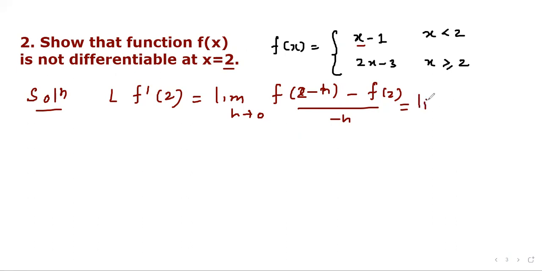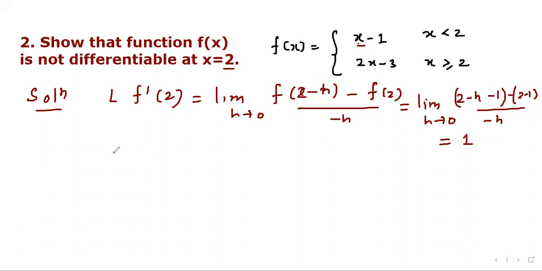So it will become limit h tends to 0. Here we write 2 minus h minus 1 minus f(2), that is 2 minus 1, divided by minus h. So here 2 minus 1 is 1 and this 2 minus 1 is 1. Here there is a minus sign in between. So it will give 1 because minus h divided by minus h will give 1.